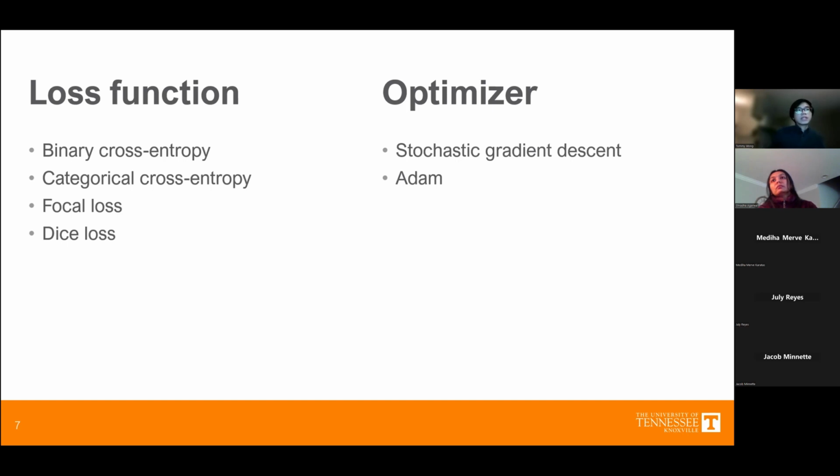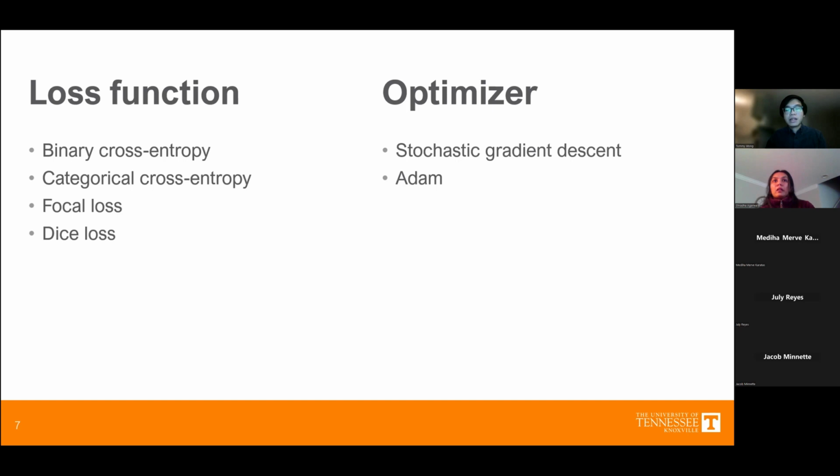So simply because of the binary nature of background versus bubbles, when I did it, I was looking at binary cross entropy. I was also looking at focal loss, which is a modification of the cross entropy function. In theory, it's supposed to support class imbalance better, but it didn't perform as well.